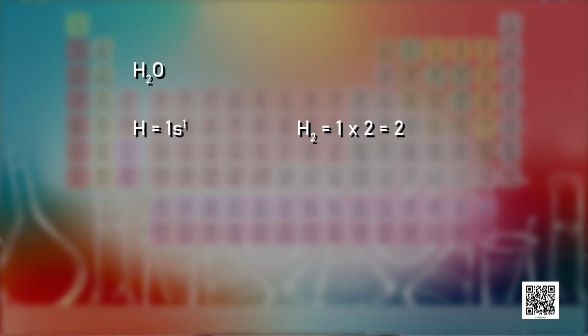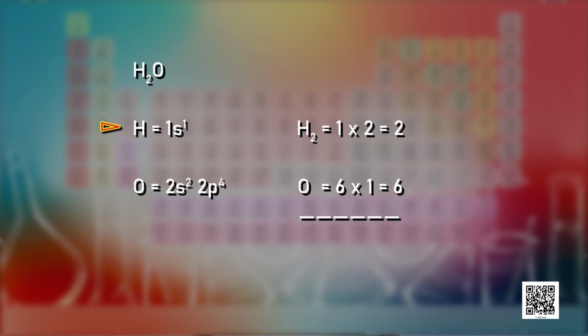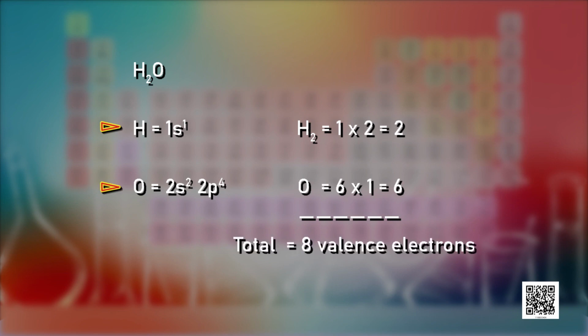So in water, each hydrogen has 1 electron, in 1s1, you know the electronic configuration, and we multiply that by 2. And oxygen, what is its electronic configuration? 2s2 and 2p4. So that makes 6 valence electrons. So we can add all those up and we get a total of 8 valence electrons.